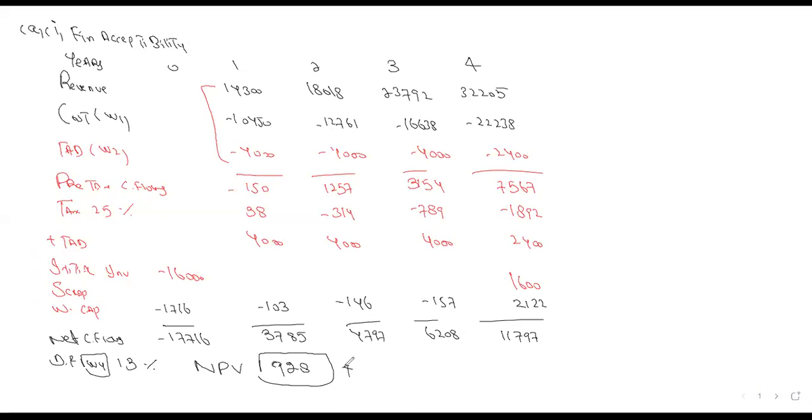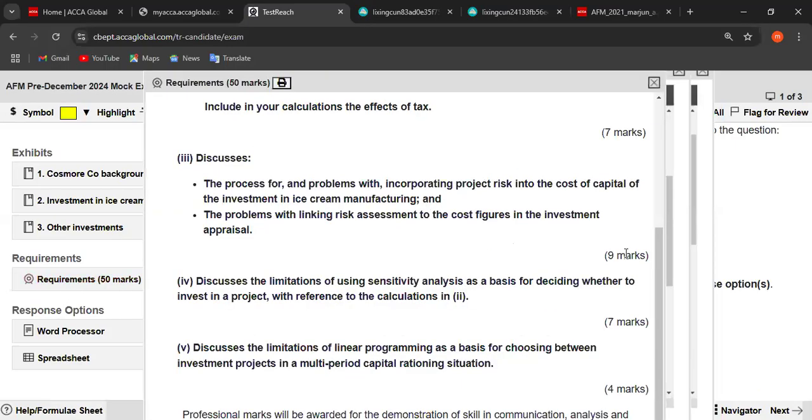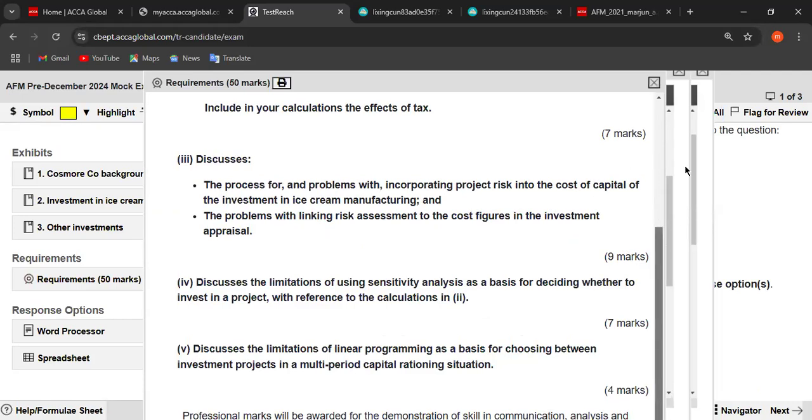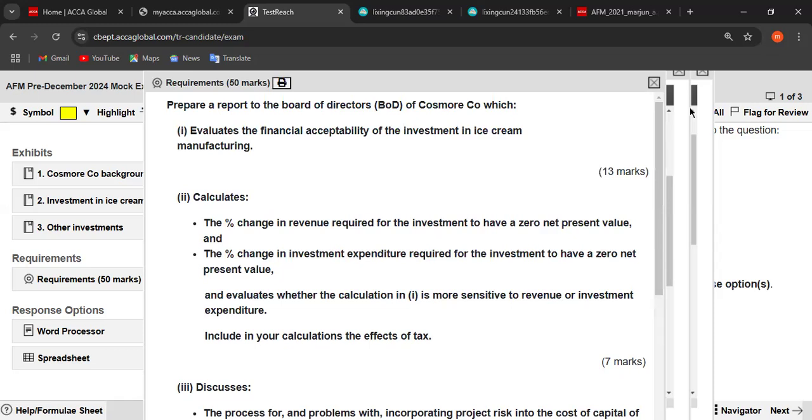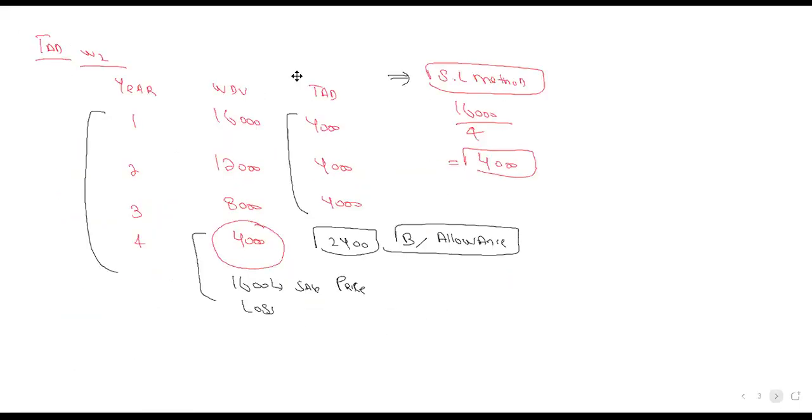But the question was quite interesting. We have just solved the first part of the question, the 13 marks. Now we have to compute the percentage change in revenue required for the investment to have zero NPV. Do you remember the formula for the sensitivity analysis?